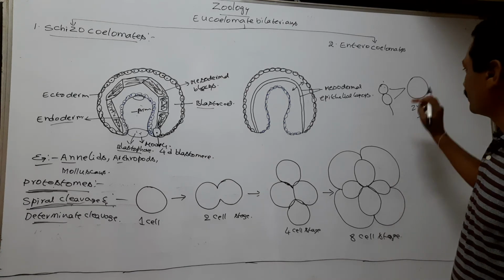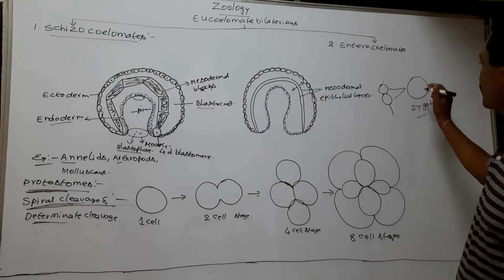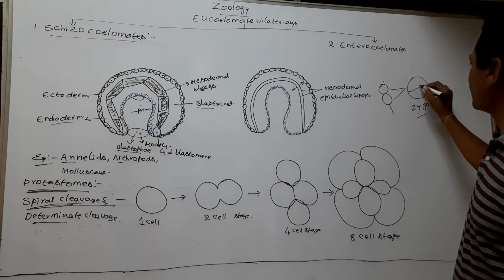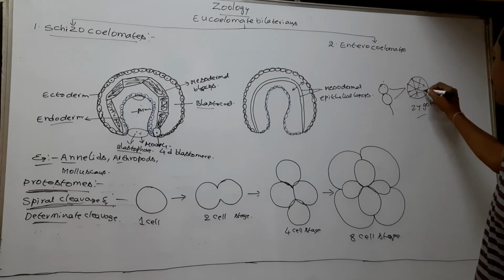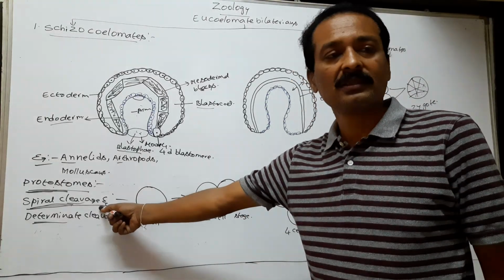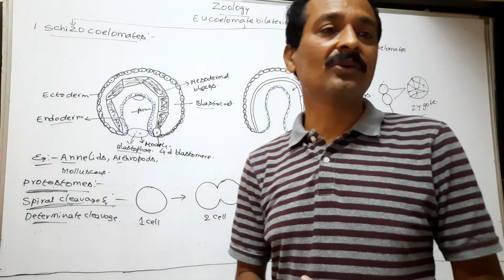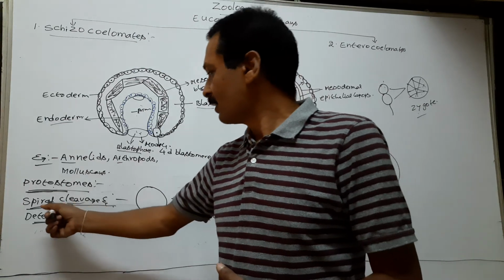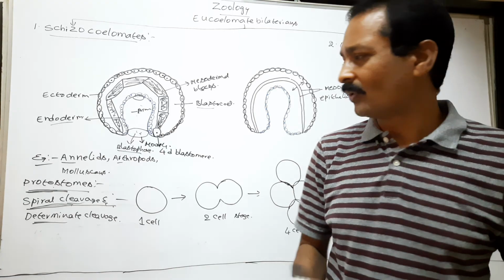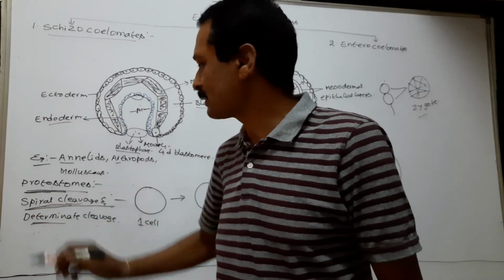Next, the single cell zygote undergoes divisions. Divisions in the zygote are called cleavage. Cleavages are of different types. The spiral cleavage is one type of division in the zygote. What is spiral cleavage?